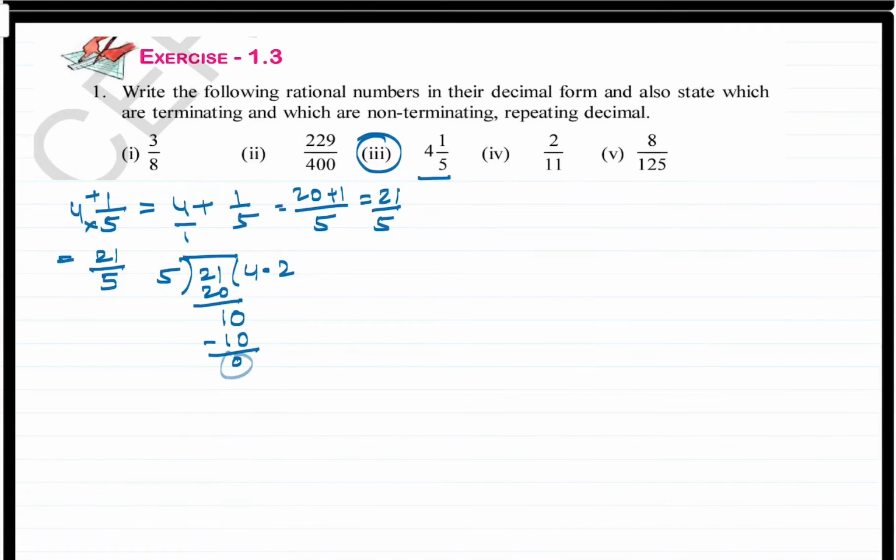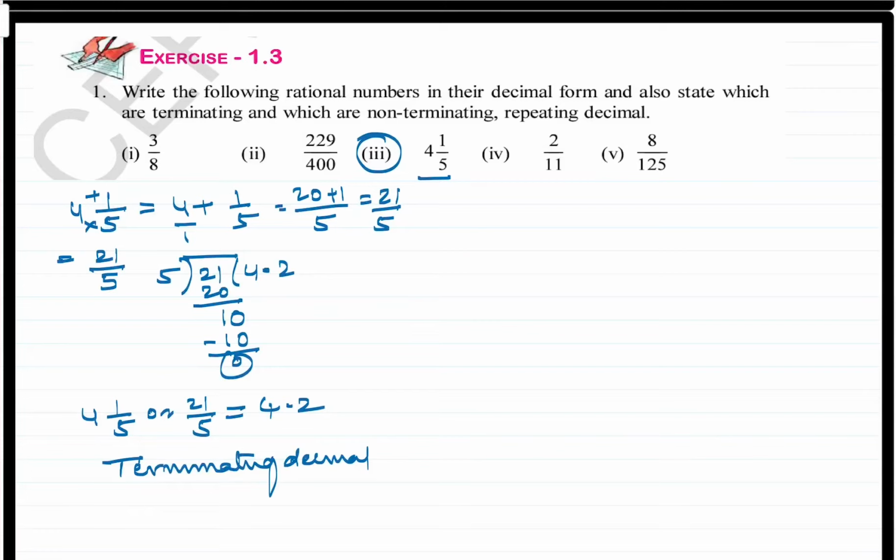So here the remainder is 0 and the division ends. Therefore 4 1 by 5, or 21 by 5, gives the decimal representation 4.2. So it is a terminating decimal.